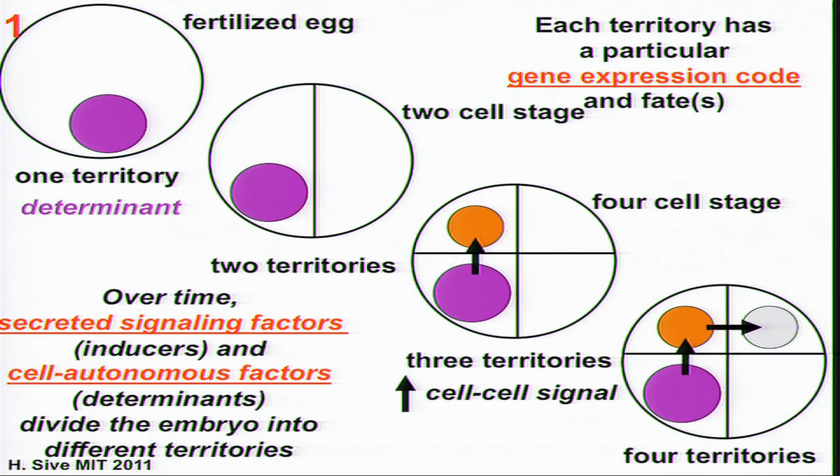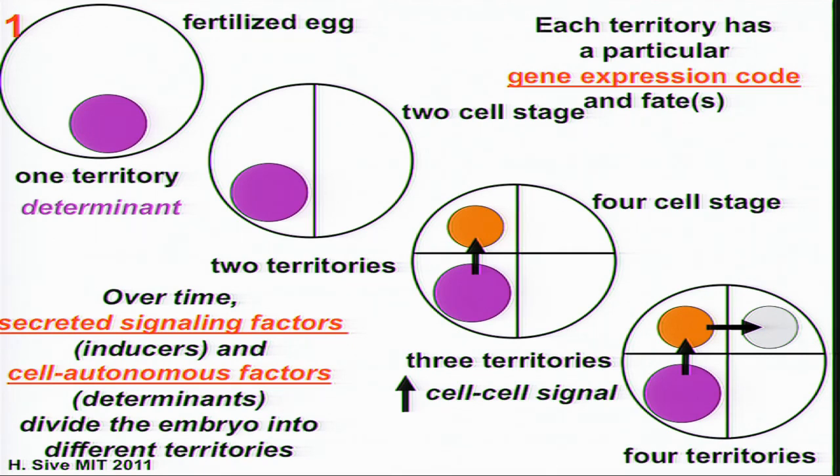That determinant has an effect, and it actually elicits signals to be secreted from the cell. Then look what happens at the next stage, at the 4-cell stage. Here is a cell that's secreting a signal, and it's doing something to the cell that receives the signal. It's making it brown. And that signal, in turn, then elicits other signals.